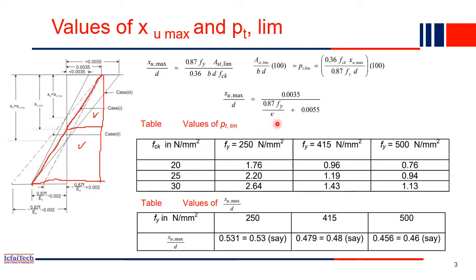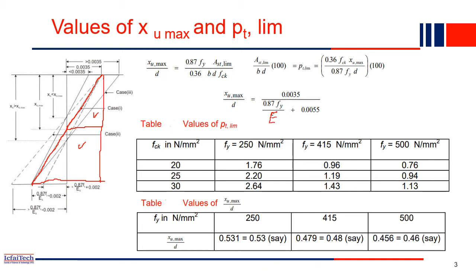So you will get ultimately 0.87 Fy by E plus 0.0055. How did we get 0.0055? 0.002 plus 0.0035. If you add it, you will get 0.0055. So from this expression, you can easily get the XU by D value. Here it is E.